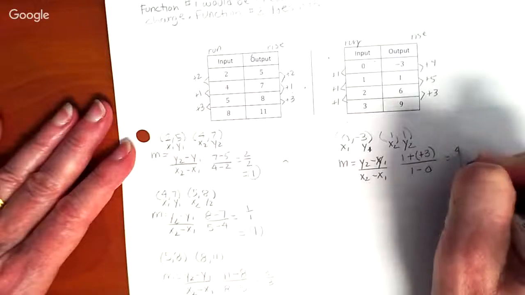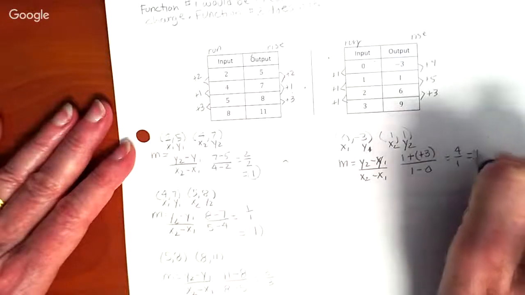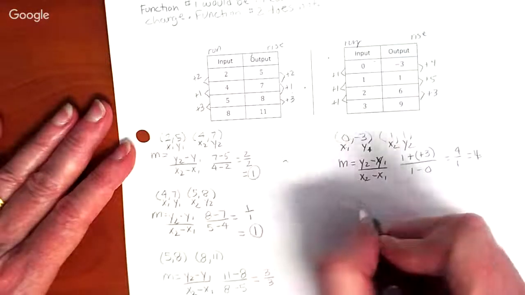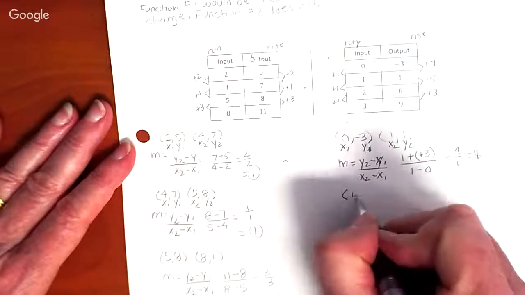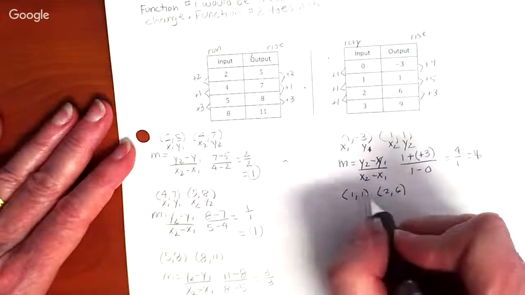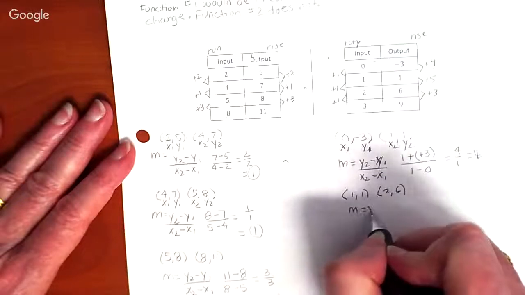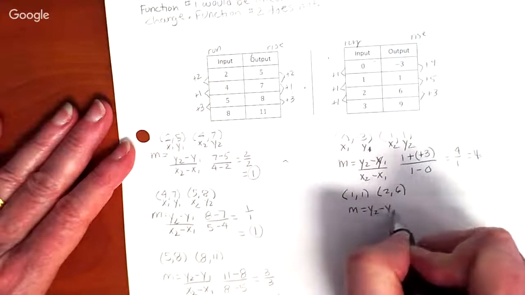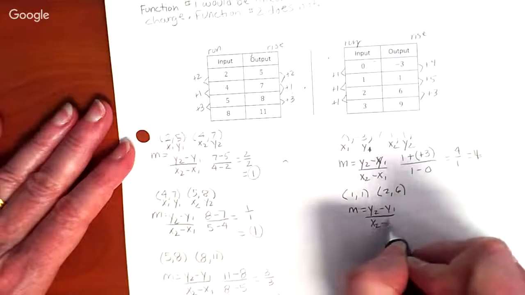So we have 4 over 1, which equals 4. Next, we have 1 comma 1 and 2 comma 6. So we have m equals y2 minus y1 over x2 minus x1.